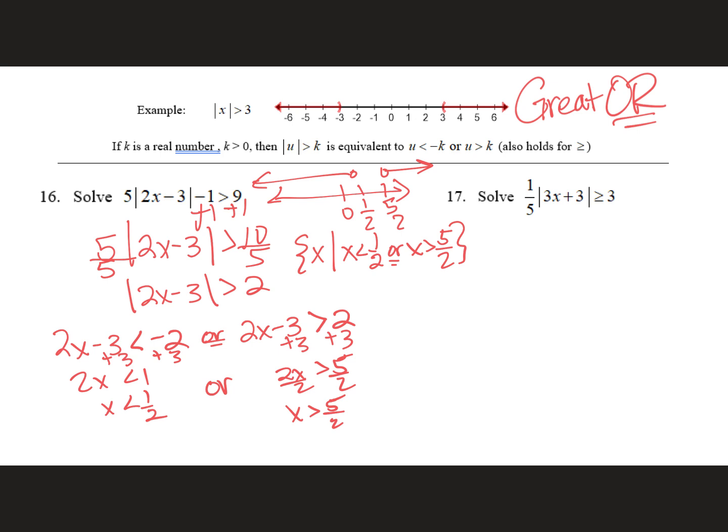With interval notation, we're going to write this with a parenthesis, negative infinity, and I'm going to stop at that 1/2. It's a parenthesis because it's not equal to. Unioned with, there's that u again, parenthesis 5/2 to infinity. Now notice my negative infinity is on the left. My positive infinity is on the right because I have arrows pointing in both directions.